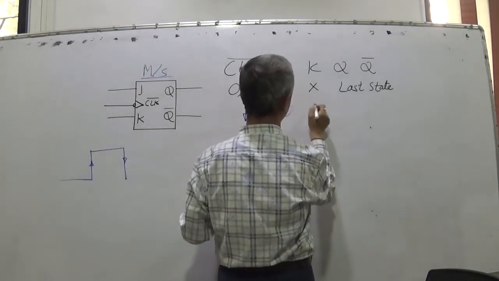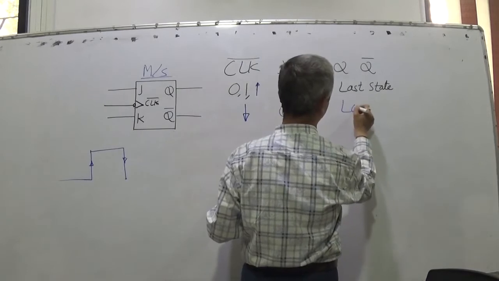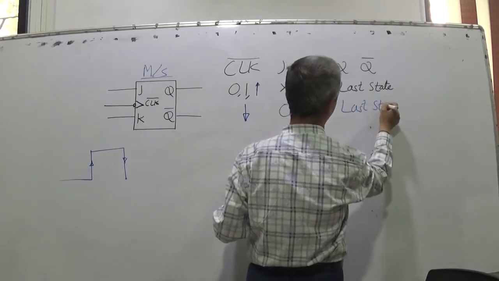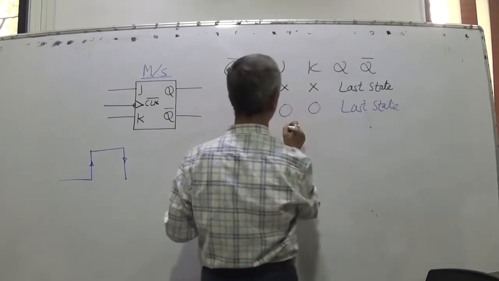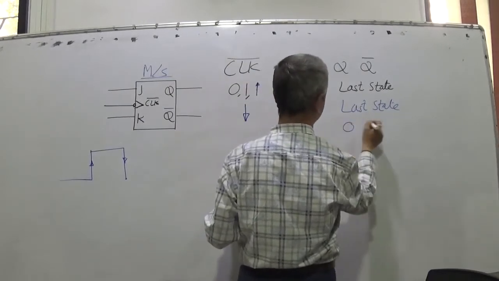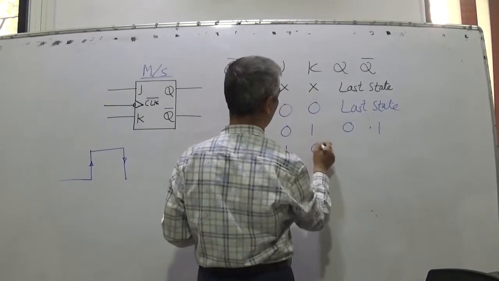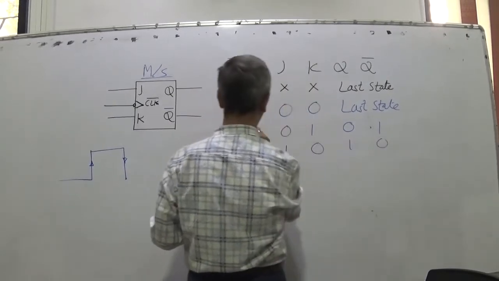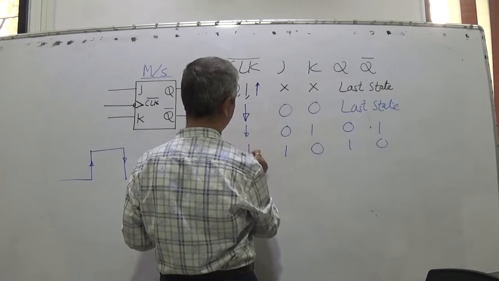So if inputs are 0, 0, still the last state is maintained. If inputs are 0, 1, outputs are 0, 1. If inputs are 1, 0, outputs are 1, 0. And this is at the time of clock going down.